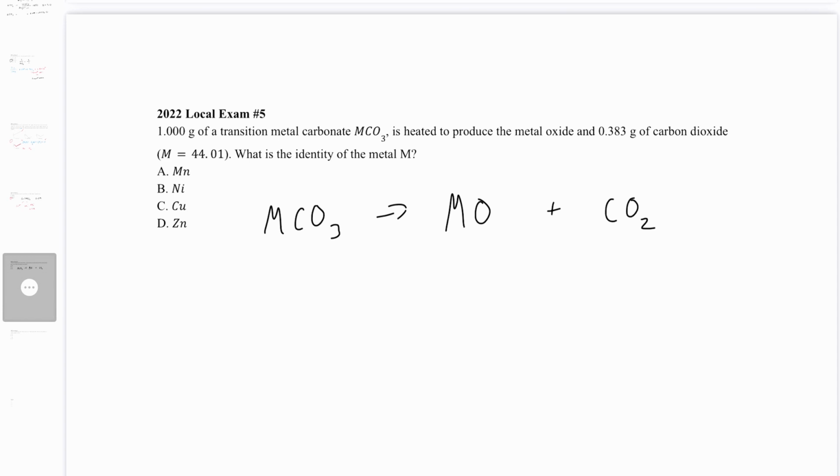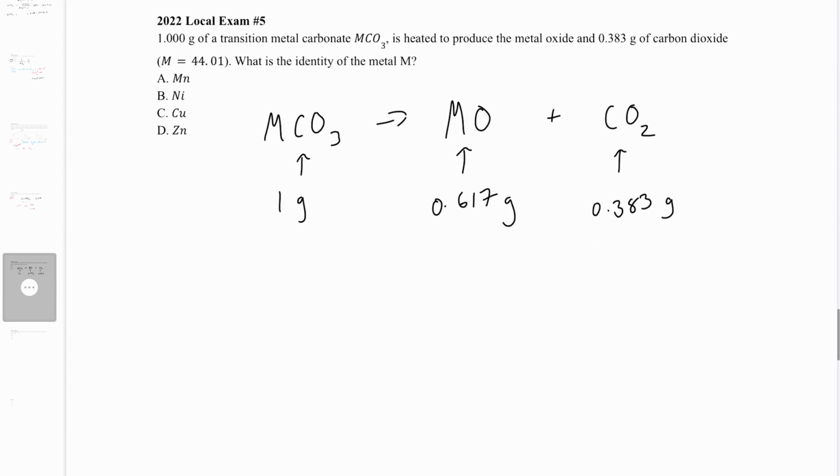You know that you start out with 1 gram of it, and at the end you have 0.383 grams of carbon dioxide. Since mass must always be conserved in a chemical reaction, the mass of the MO is just going to be 1 minus 0.383, or 0.617 grams.